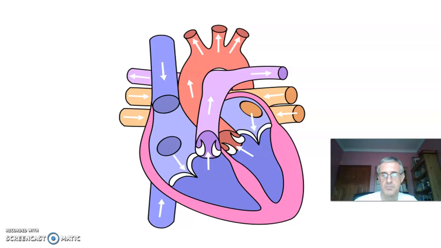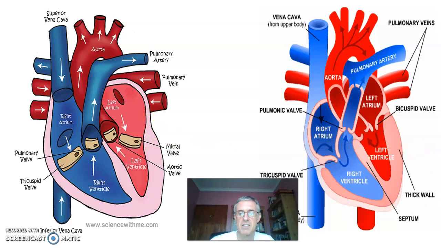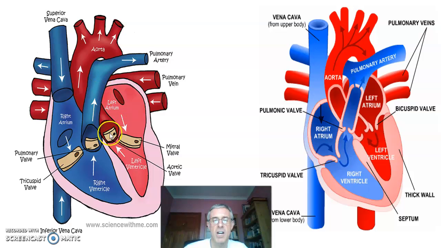Okay, so first of all, this is how the heart looks. And the first confusing thing, I suppose, is that we call this side the right-hand side and this side the left-hand side, which as we look at it, looks as though it's on the wrong side. But the point is that we're imagining that the heart is actually in our chest.